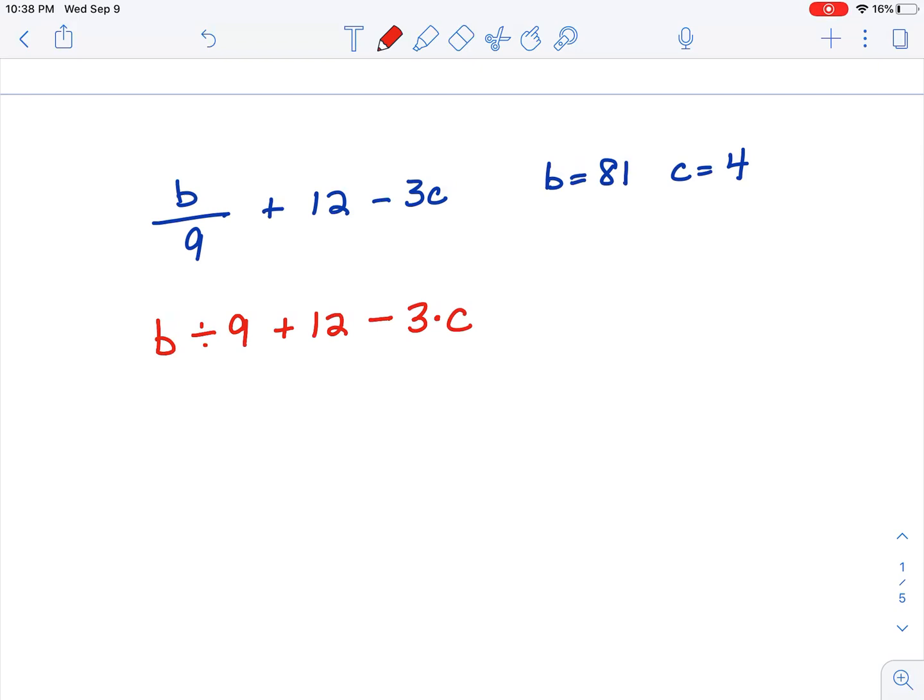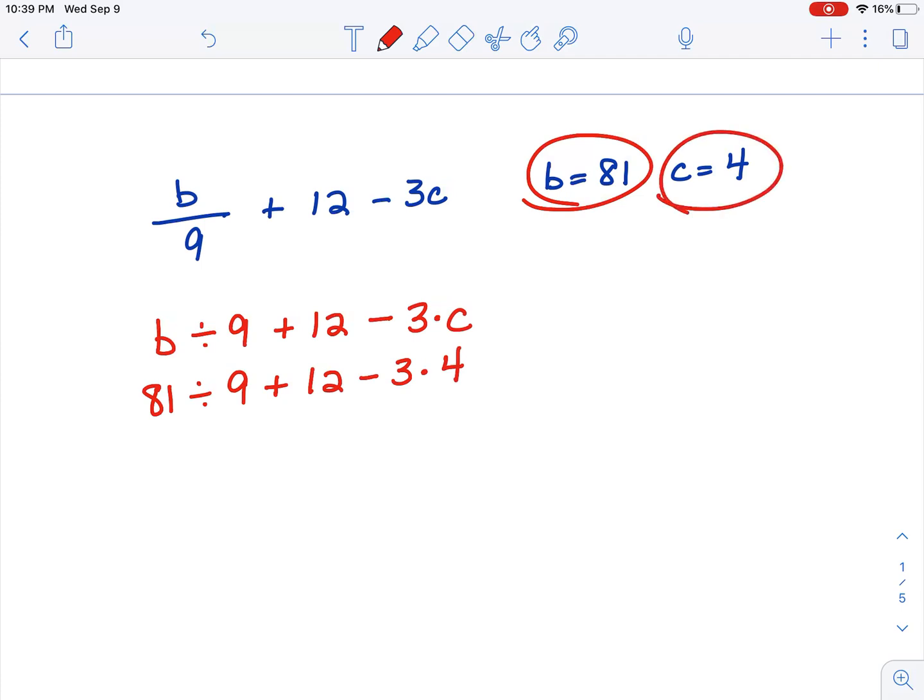They're just written differently, different form. So then I would plug in an 81 for B, because that tells me to. Bring down everything else. And I would plug in a 4 for C, because that tells me to.